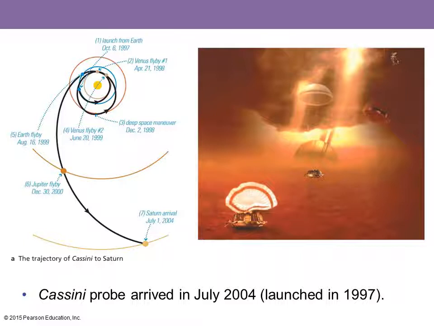So it's not a direct course. It's almost circular, but finally reaching enough speed that it could escape the Earth's gravitational pull and, of course, fly fast enough to Saturn. So as it says here, it was launched in 1997. It arrived in 2004. That was a 7-year journey.